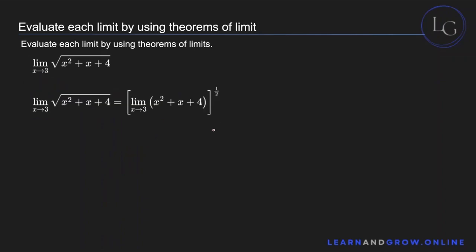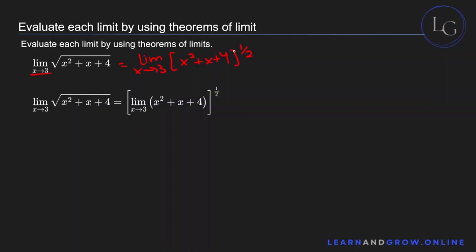Now let's see this example over here. You have the under root of x squared plus x plus 4 as x approaches 3. Now again, this entire term is equal to the limit as x approaches 3, and the square root can be written as the power 1 by 2, right?